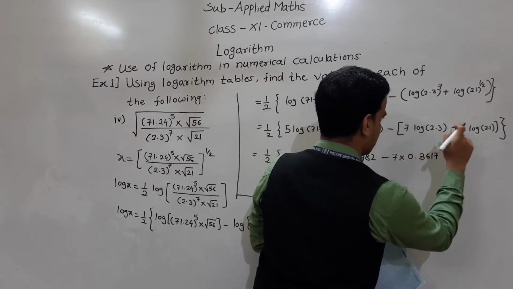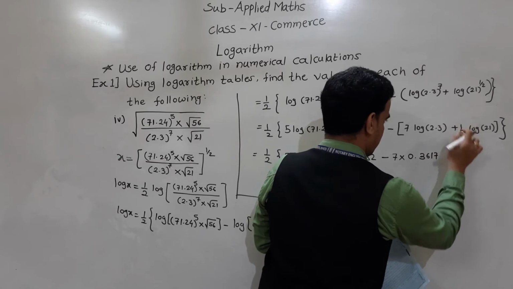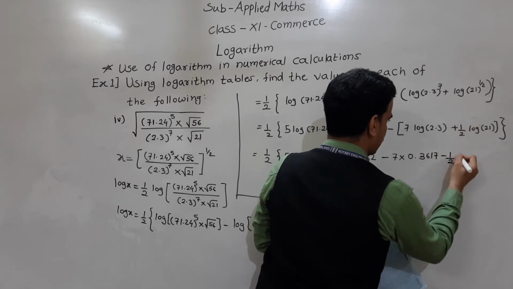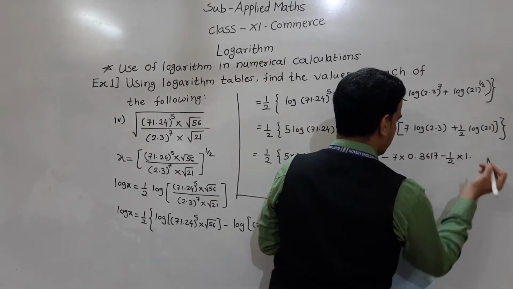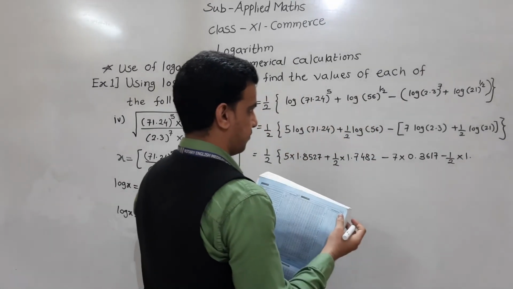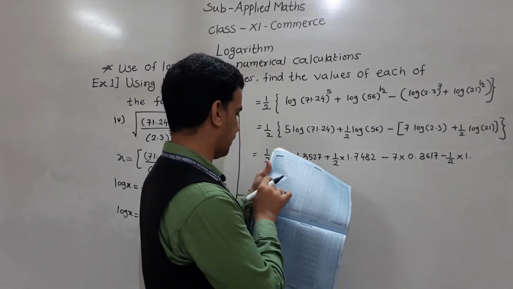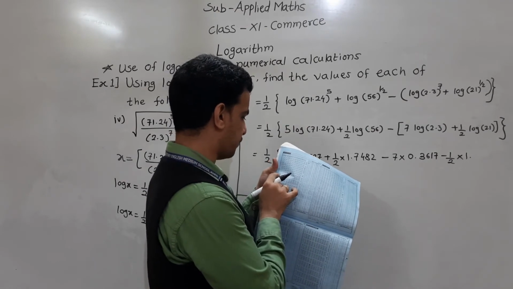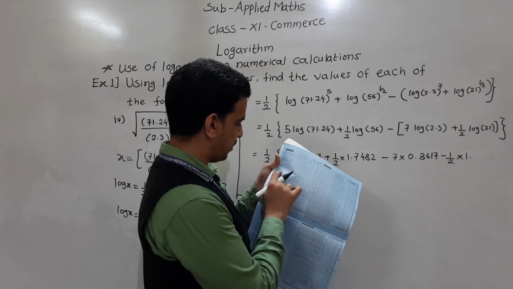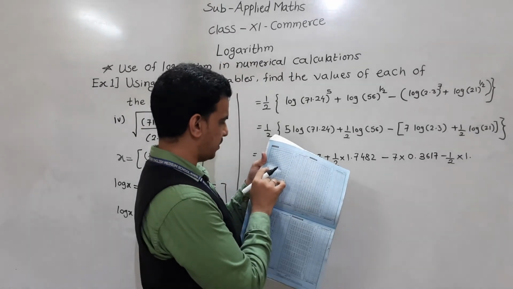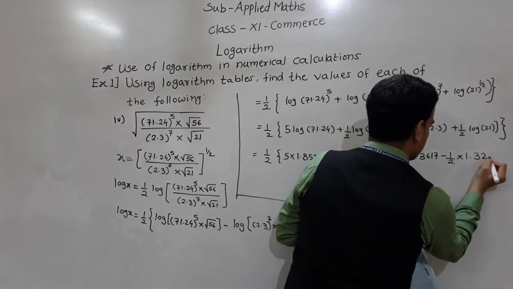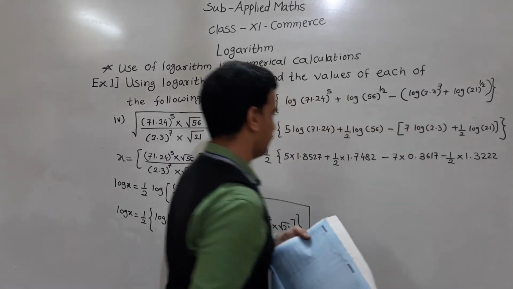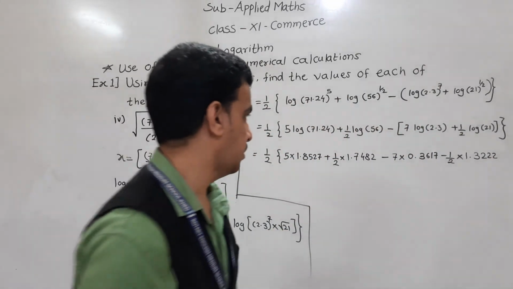Then this minus sign multiply to 1 by 2, so it is minus 1 by 2 into log of 21. So characteristic is again 1 point in 21st row, column headed by 0, it is a 3222. Okay, now we have to solve this.